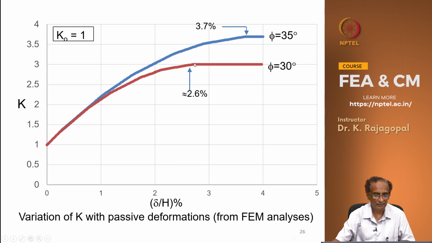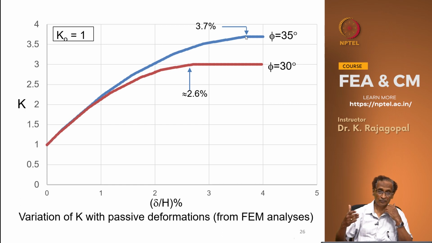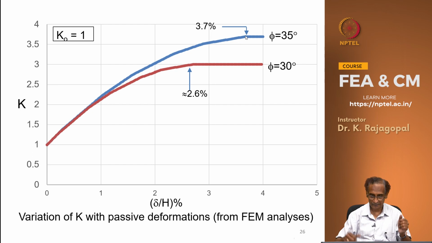It has reached the limit state of K of 3 at a deformation of about 2.6%, whereas when friction angle is 35 degrees, we require about 3.7%, because with a higher friction angle we generate more pressure, so that requires more deformation.